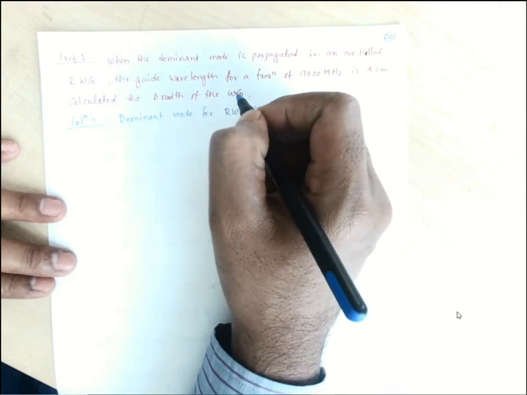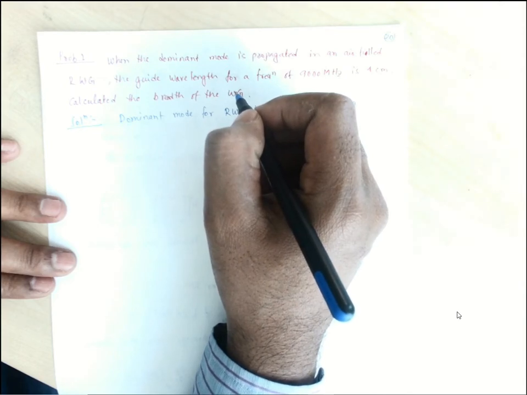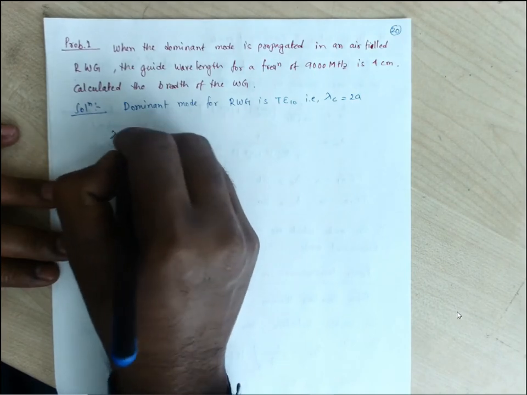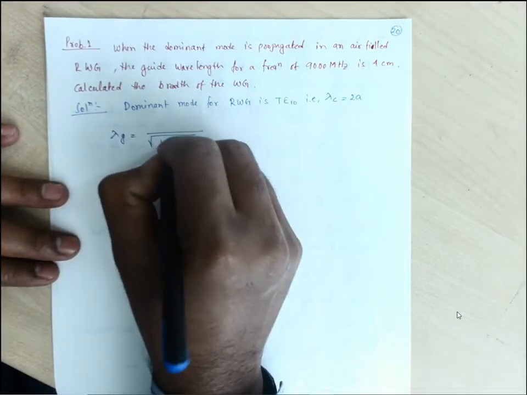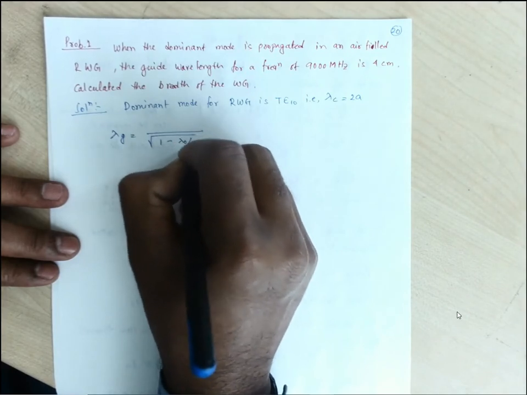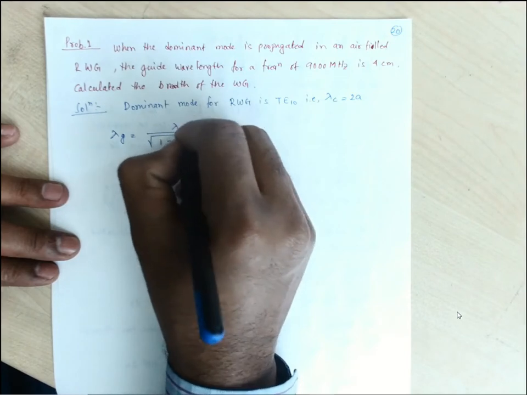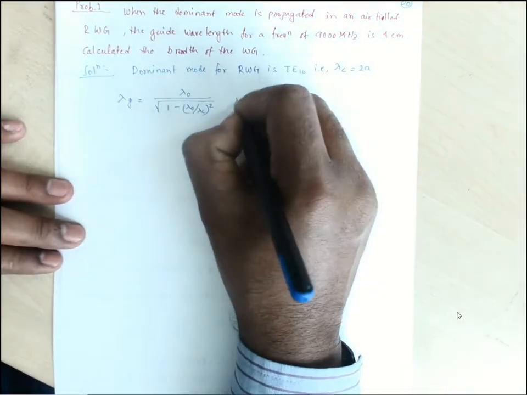We already know the expression of guided wavelength and its relation with operating wavelength and cutoff wavelength, that is lambda g is lambda naught by root over 1 minus lambda naught by lambda c whole square. And what is this lambda naught?